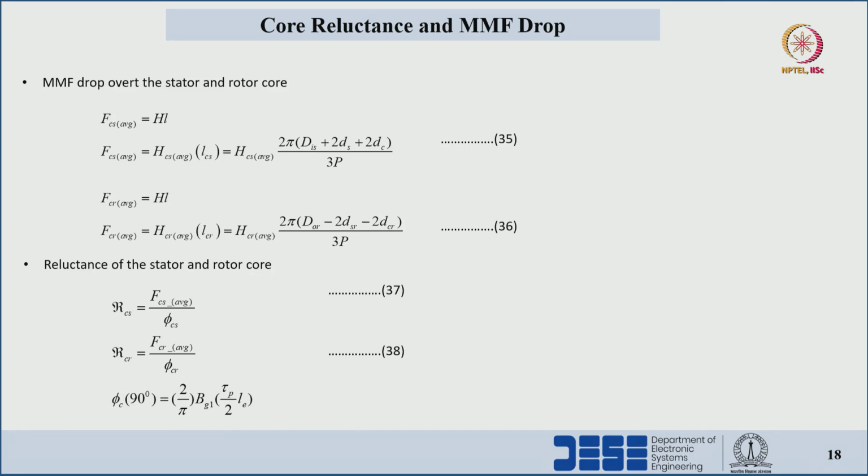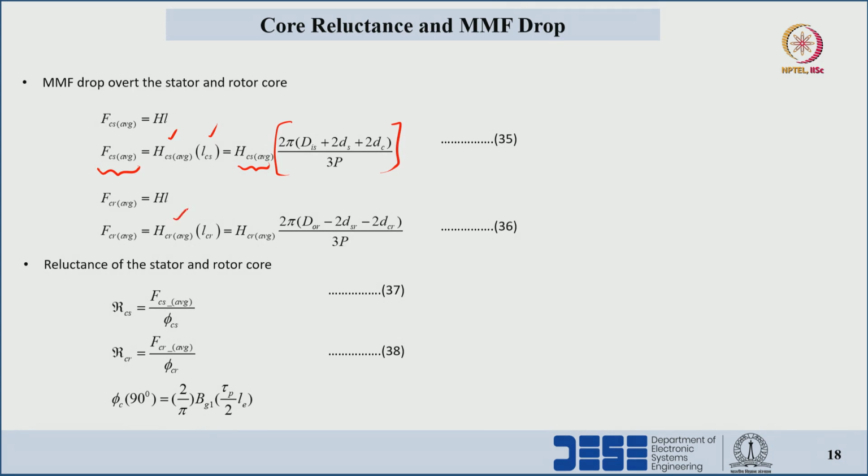So, after knowing the flux density and flux intensity values at the core and the length of the core, we can calculate the MMF. MMF is equal to H into L, and H_cs average we have calculated based upon the Simpson rule, and this term is nothing but the length of the stator core.